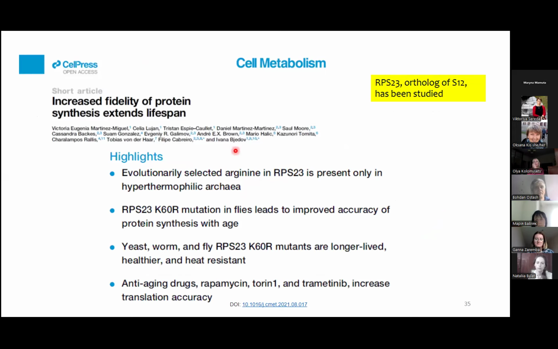Researchers isolated a mutant mouse, and not only mouse, but also yeast, worm, and fly, which had a mutation in a protein that is relative, the same but with a different name. It's the S12 protein, and it makes these organisms live longer. So probably by manipulating the ribosome, by manipulating the accuracy of translation, we could prolong the life expectancy of a Streptomyces culture, but maybe also of animals.